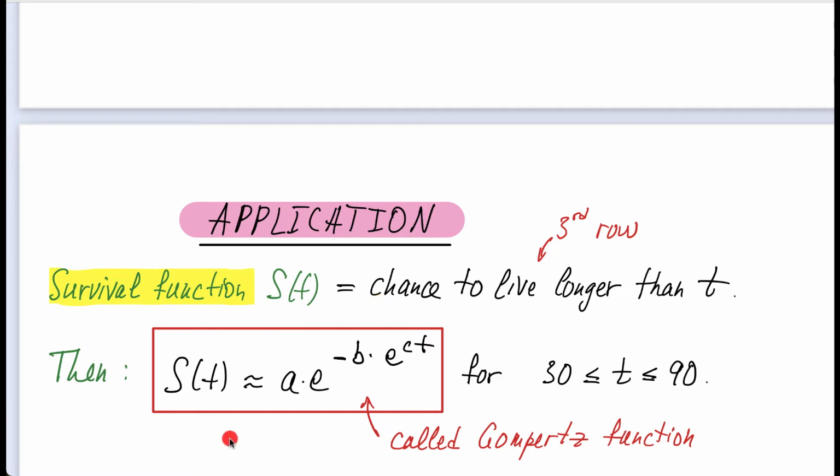This function can be modeled by the so-called Gompertz function, which is given by some constant a times exponential of minus some constant b times another exponential of some constant c times t.